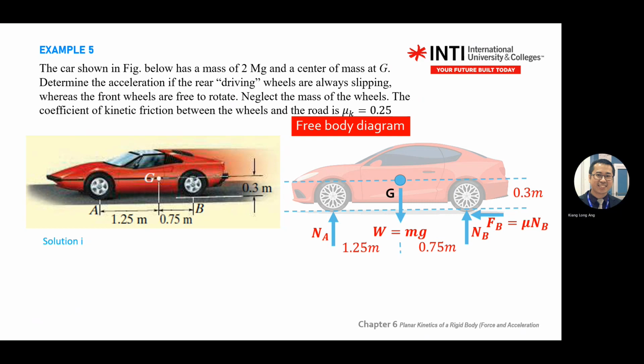Now, why is FB in this direction? Why is your friction force in this direction and not the normal direction? How does the wheel turn? So it's opposite to the wheel direction.